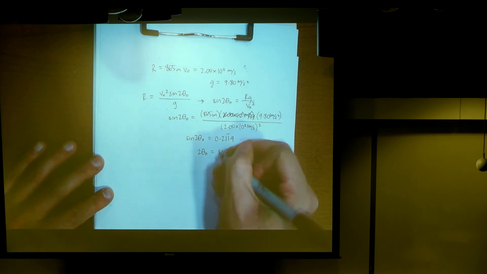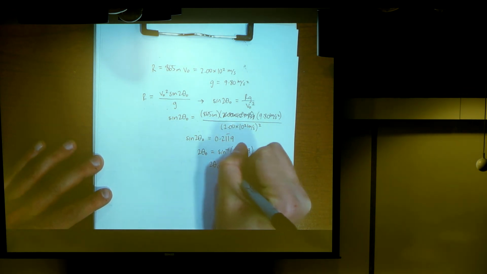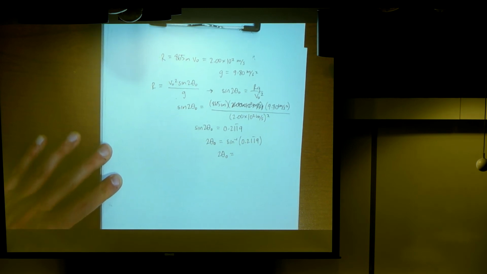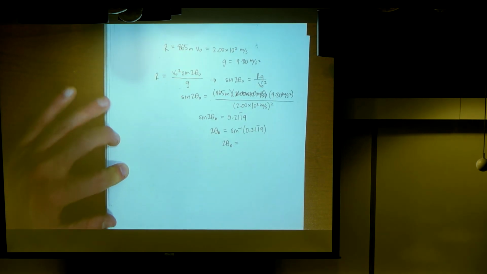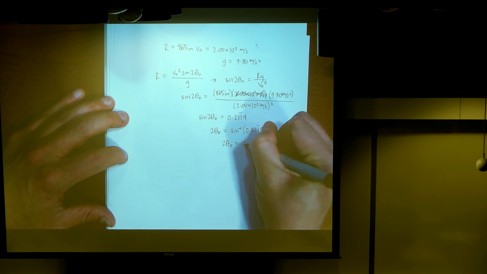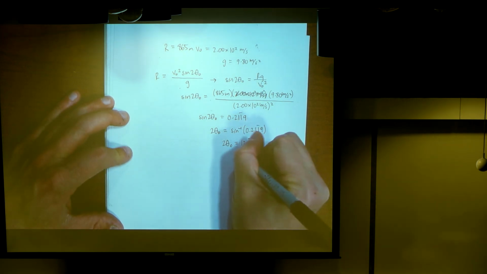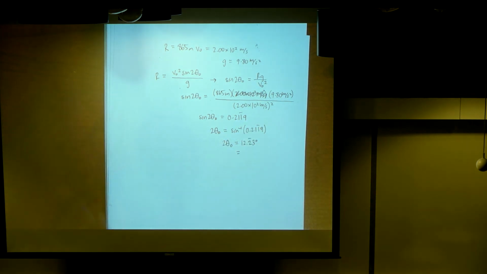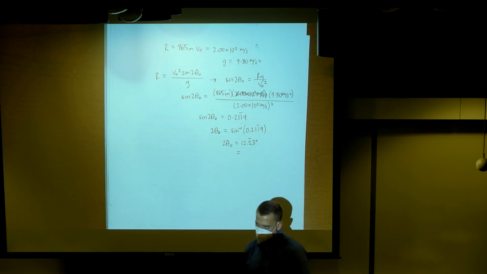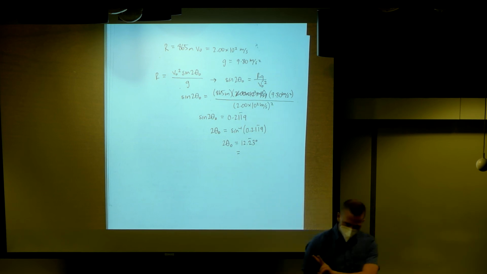Okay, so then we'll get 2 theta equals, what does your calculator spit out? 12.23 degrees. Now, what I want to tell you is that that is actually not the whole story. That is just one possible answer. There's another one. So there are actually 2 angles that will work.